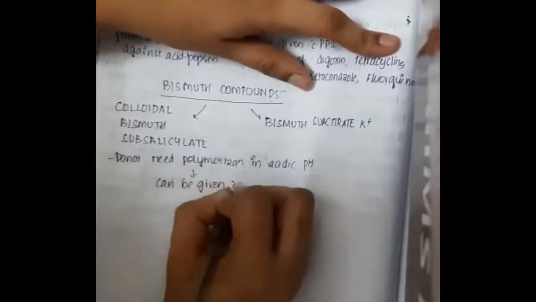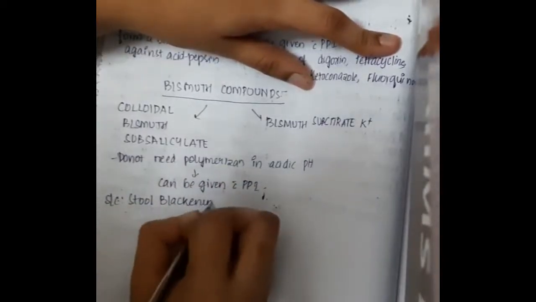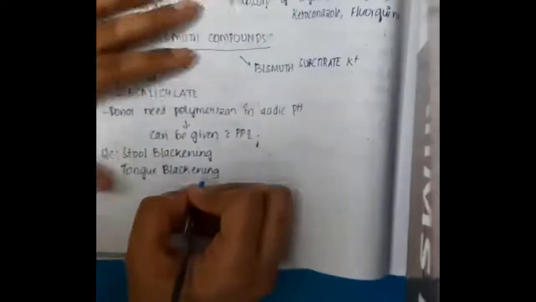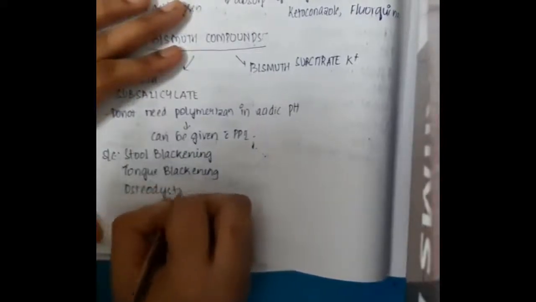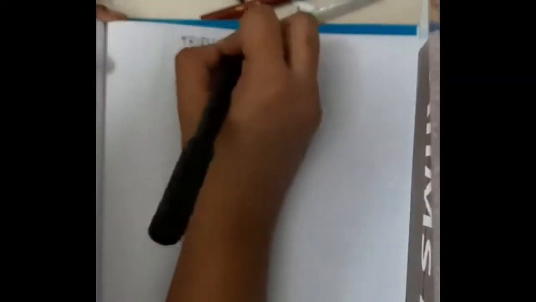So, these bismuth compounds can be given with proton pump inhibitors. If we see the side effects, bismuth compounds can cause stool blackening, they can cause tongue blackening, and they can cause side effects like osteodystrophy, and they can also cause encephalopathy. So these are the side effects of bismuth compounds.